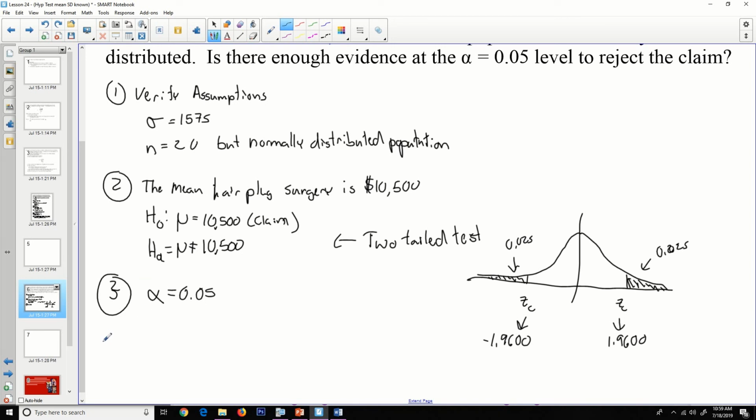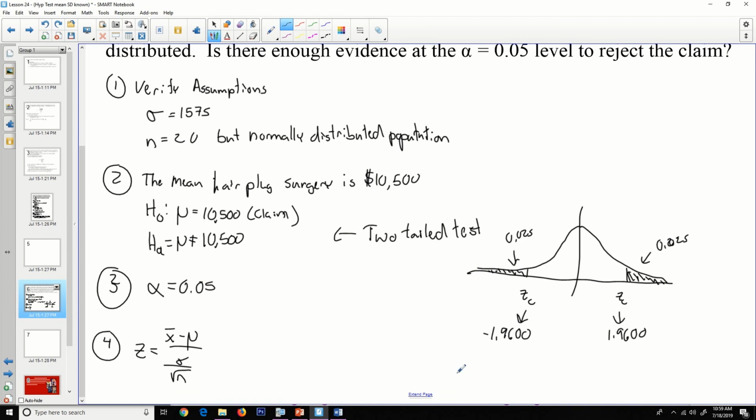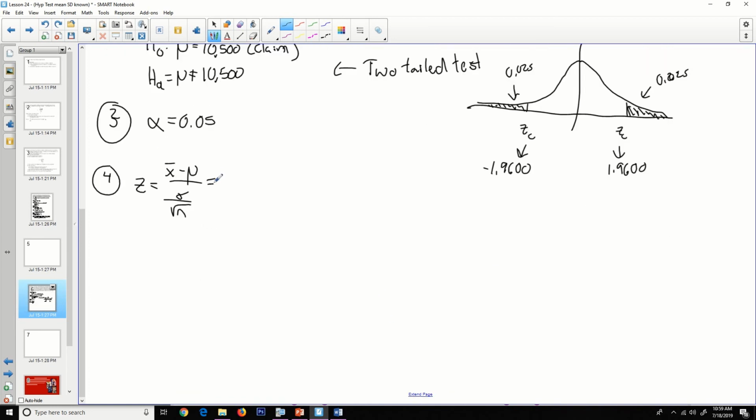And so number 4, we'll find our standardized test statistic. Z again is going to be x bar minus the mean over the standard deviation over the square root of the number of elements in the sample. So we've got $11,013.43, and they're claiming that it's 10,500, all over 1,576 over the square root of 20.